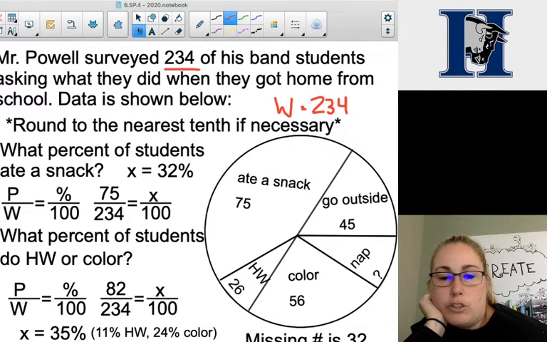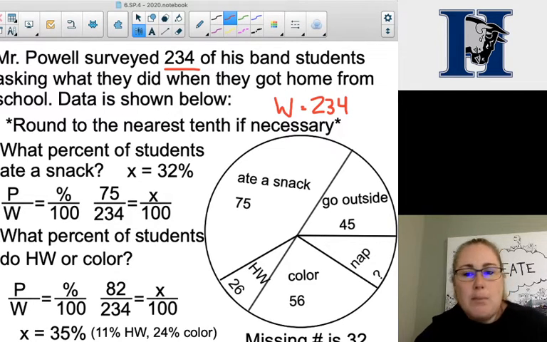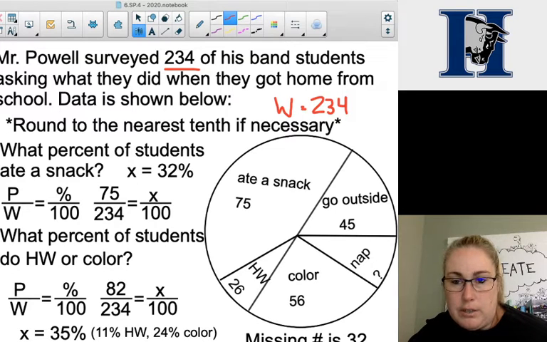Let's look at this circle graph. First thing I notice about it is I do not see percent signs. And hopefully you've noticed that too. Another thing that I notice is if I add these two big sections, look, ate a snack is 75. And if I were to add 56 to that 75, I'm going to get over 100.